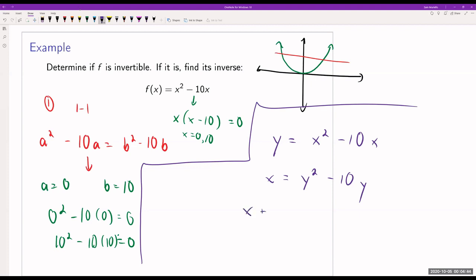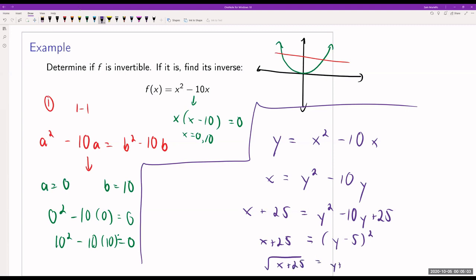That would give me x plus 25 is equal to y squared minus 10y plus 25, which would be y minus 5 squared. But then I have a problem, because when I am solving for y, I just took a square root, which means I need a plus or minus. And that is not allowed in a function.